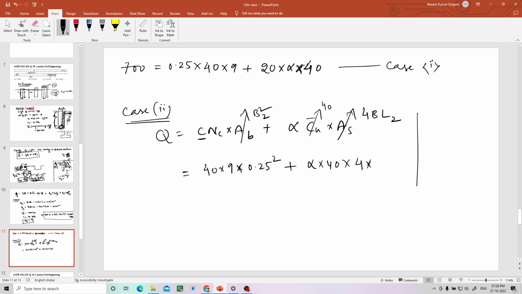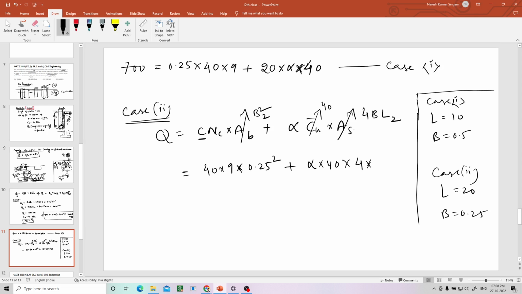I can tell you, in case 1, L is 10, B is 0.5. Case 2, L is 20, B is 0.25, right?